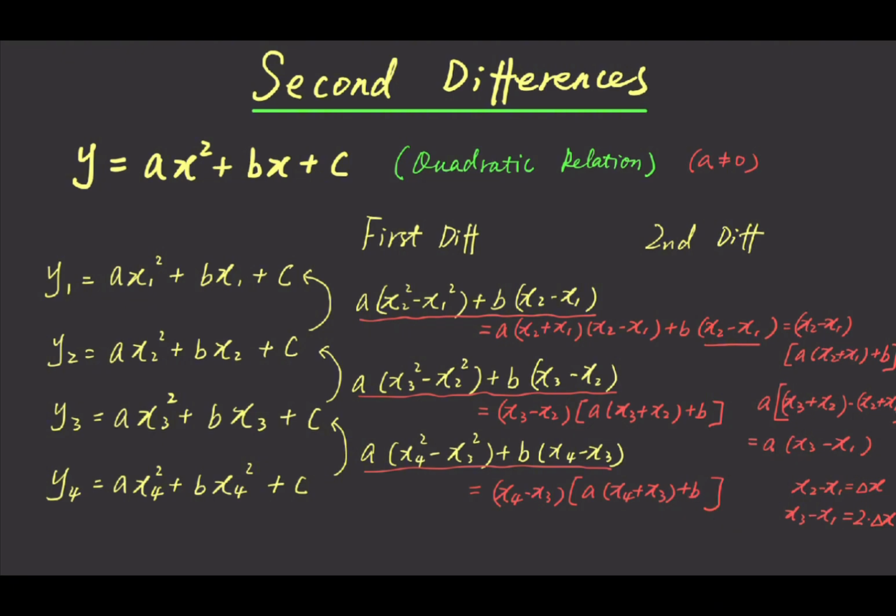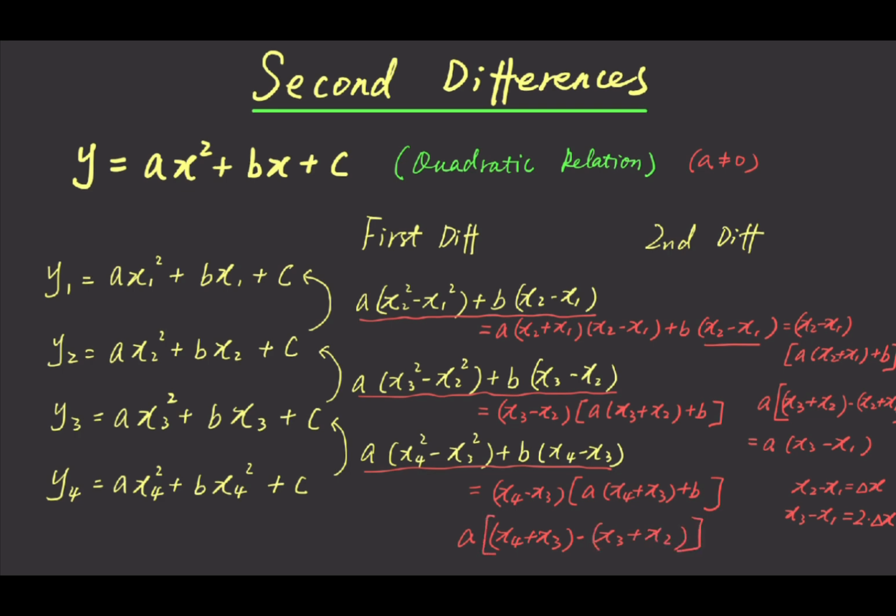Similarly, if we use this one minus this one, we get the corresponding second difference. The essence is just to observe the difference between this one and this one. You will find out the difference is a isolated times x4 plus x3 minus x3 plus x2.